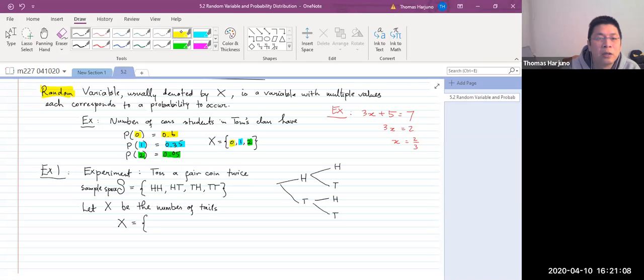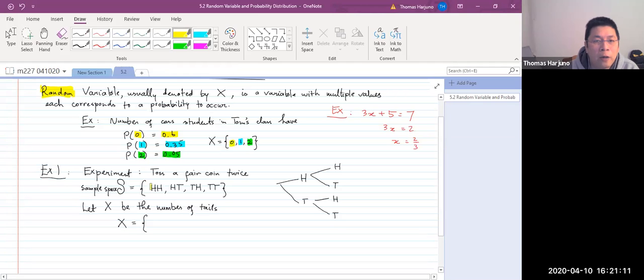We see we have head, head, which means no tail, right? We have head, tail and tail, head, which means we have only one tail. We have tail, tail, which means we have 2 tails.